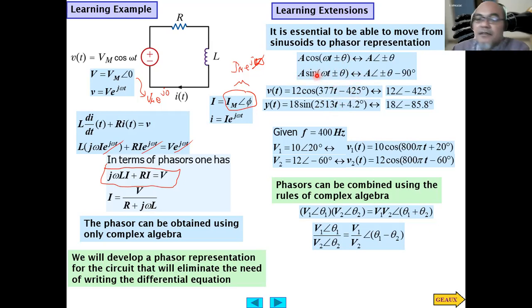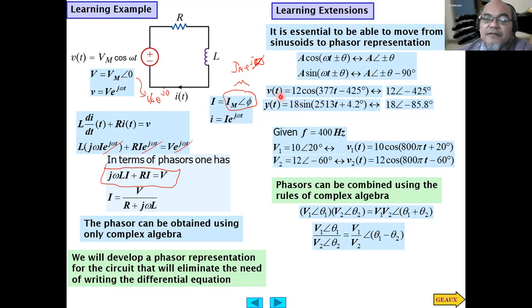So if the function is sine, you have to add an additional phase angle of minus 90 degrees, because a sine wave lags a cosine wave by 90 degrees, or to say it in a different way, a cosine wave leads a sine wave by 90 degrees, or by pi over 2.